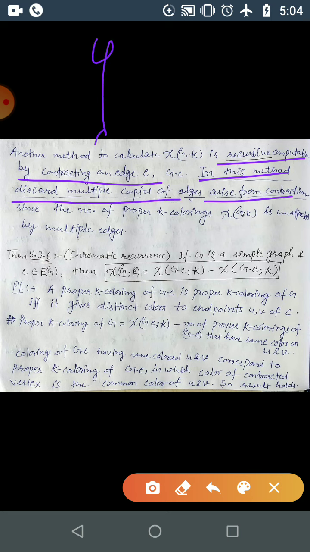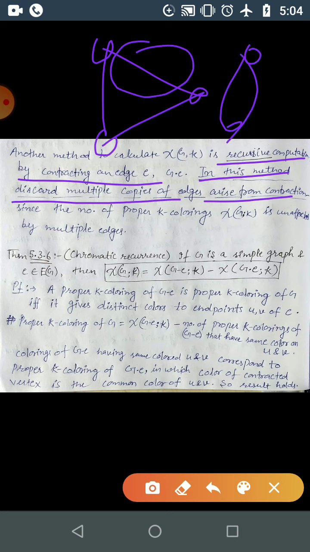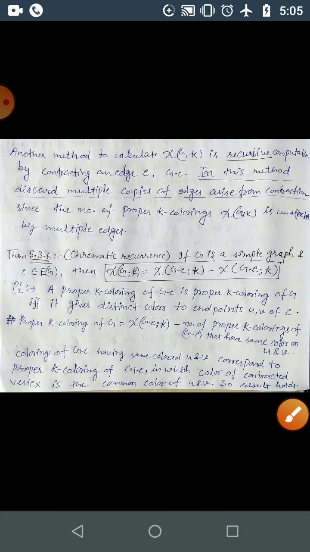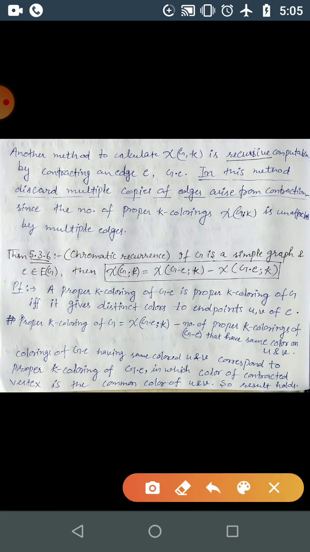Suppose you are contracting this edge, then you will get this, correct. Then you will discard one copy of these multiple edges, correct. Because the number of proper k-colorings is not affected by multiple edges, that's why we discard them, to make the graph simple.